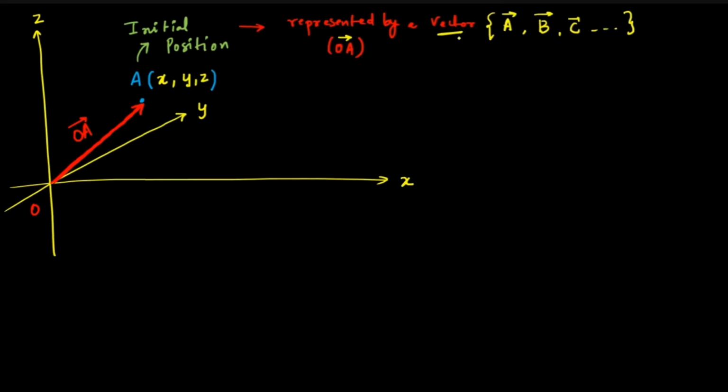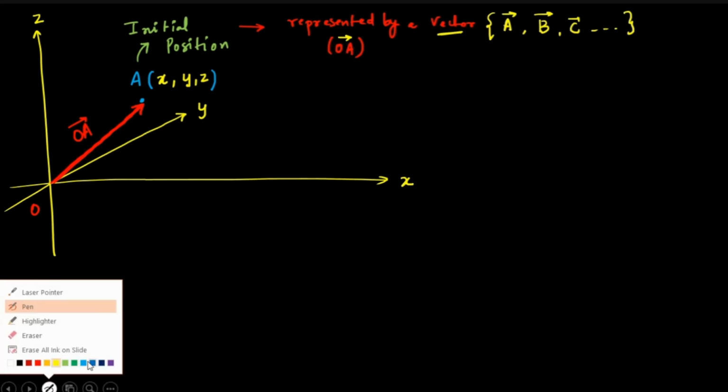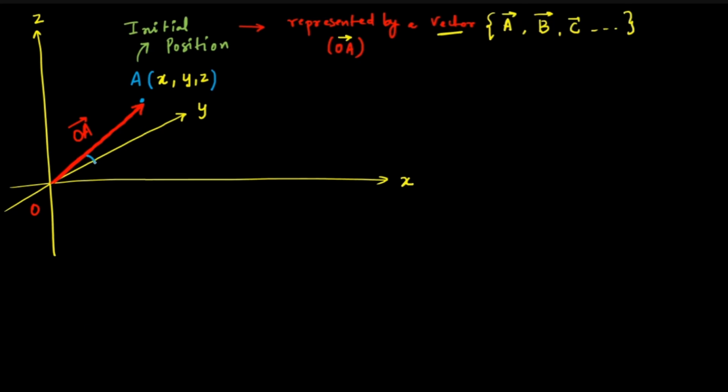What we need to understand here is how this point is specific in context to the coordinate system, in such a way that these coordinates x, y, z must be specific. Also, this line which we have drawn in the name of the vector must make some specific angle, theta. This OA will be representing the magnitude of the vector, and this theta is going to represent the direction of the vector.